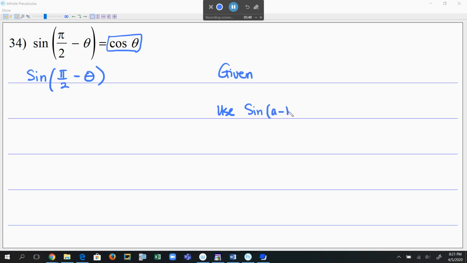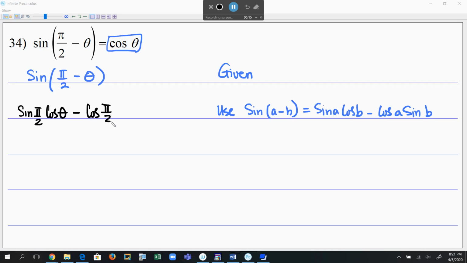So sine A minus B equals sine A cosine B minus cosine A sine B. In this case, our A is pi over 2, so sine of pi over 2 cosine theta minus cosine pi over 2 times sine theta.